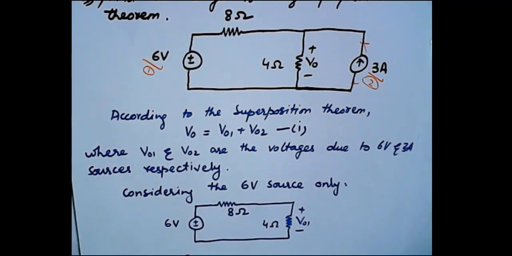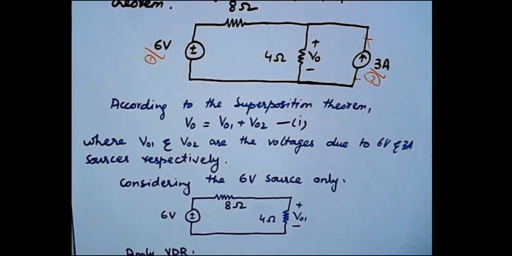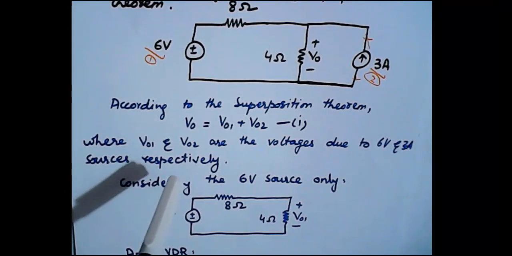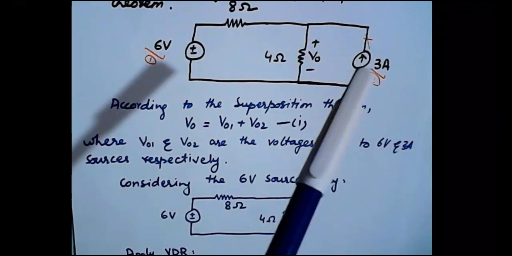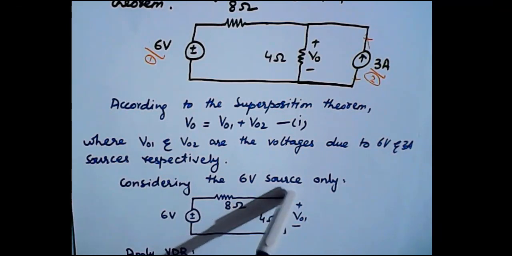What the superposition theorem says is that the voltage across any element or branch, or the current through any branch, can be found as an addition of the individual current or voltage contributions by each independent source. So first we considered the 6 volt source and turned off the 3 ampere source. When we turned off the 3 ampere source, the resistances of 8 ohms and 4 ohms became in series. Why? Because they have one common point and there is no other source connected to that point.